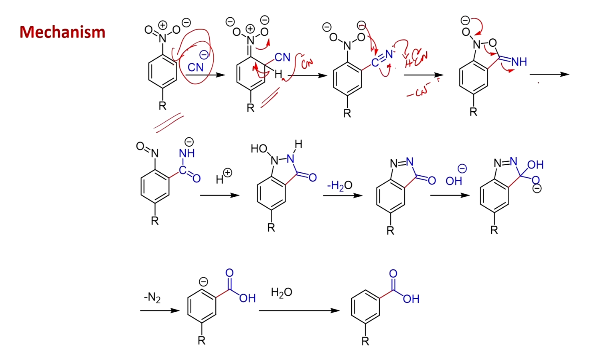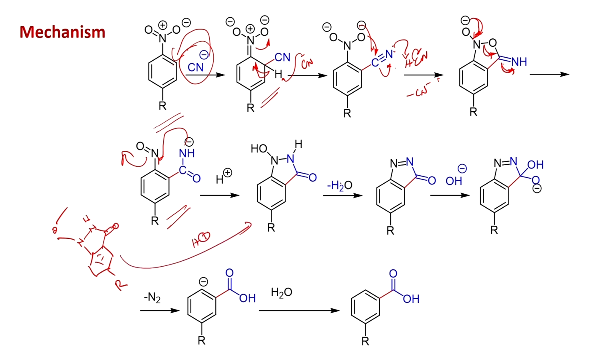Once you have this one, now this can open up and you will have this nitroso derivative which can undergo intramolecular cyclization, to give this derivative which can now take a proton, so you can have this one.